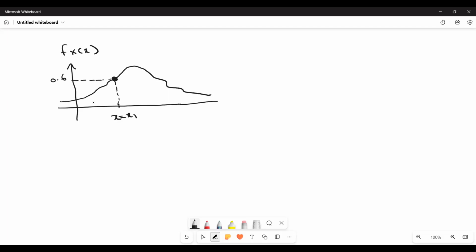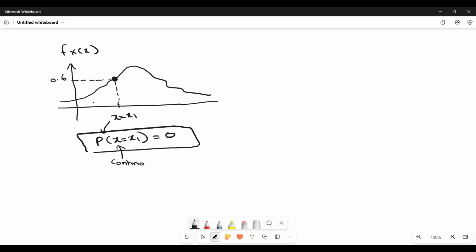In this instance, the probability of x equals x1 is actually 0. This is always the case when x is a continuous random variable. When x is a continuous random variable, the probability of x equals x1 is exactly 0. Only if I find the integration around a region around this x1 can I find the probability of that event occurring.